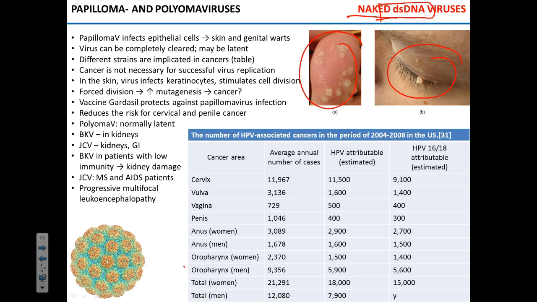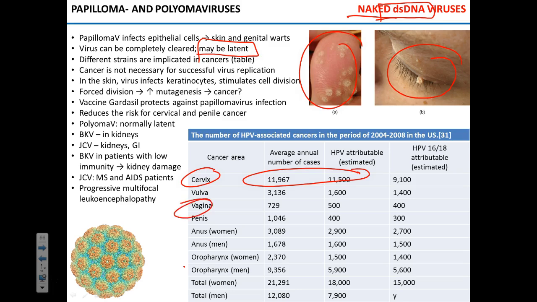These viruses may become latent. Different strains of papillomavirus are implicated in cancers. So you can see that for some cancers, the number of HPV positive samples is pretty much all cases. The virus causes cervical cancer, HPV 16, HPV 18 mostly.